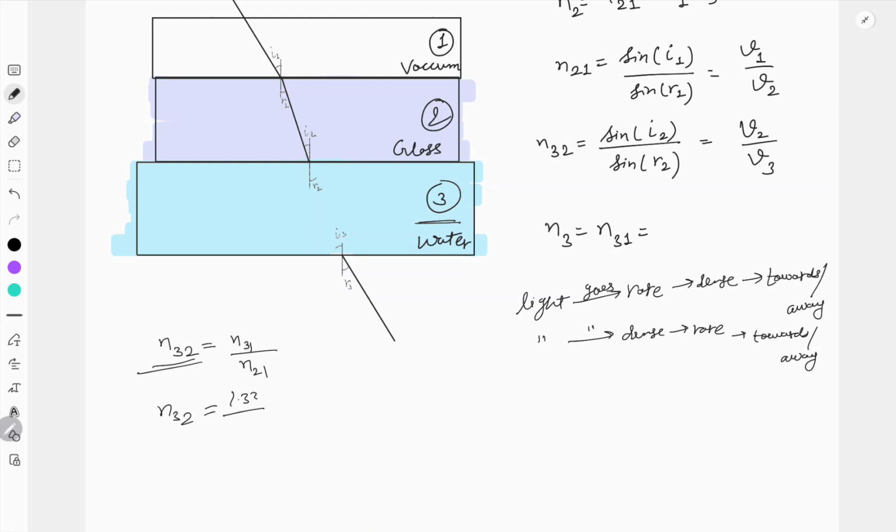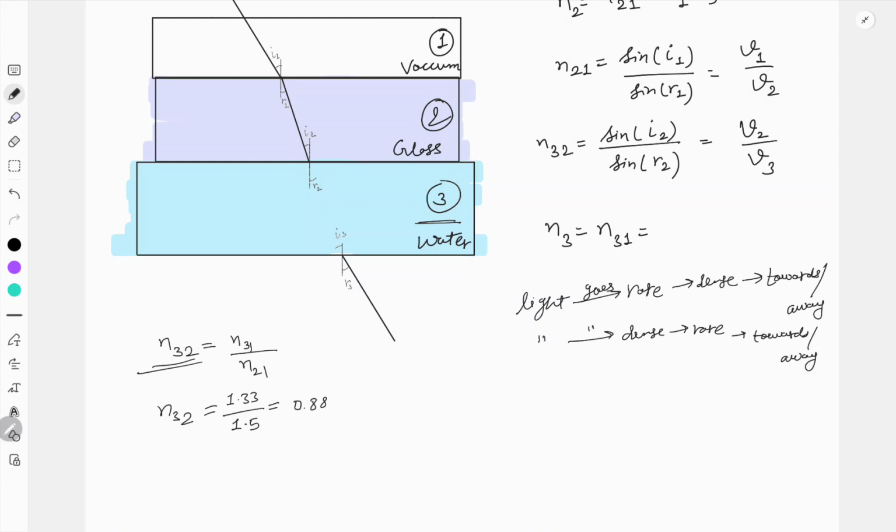So 1.33, and n21 comes out to be around 1.5, right? And when you do this calculation, 1.33 divided by 1.5 comes out to be around 0.88, right? Is around 0.88.